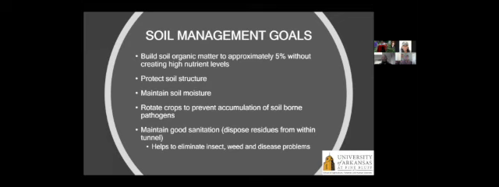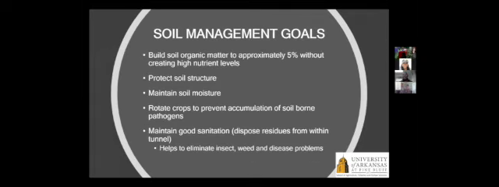And we want to do this without creating high nutrient levels, because that leads to a different set of problems. That leads to problems with soil salinity, and those issues can be really hard to overcome.